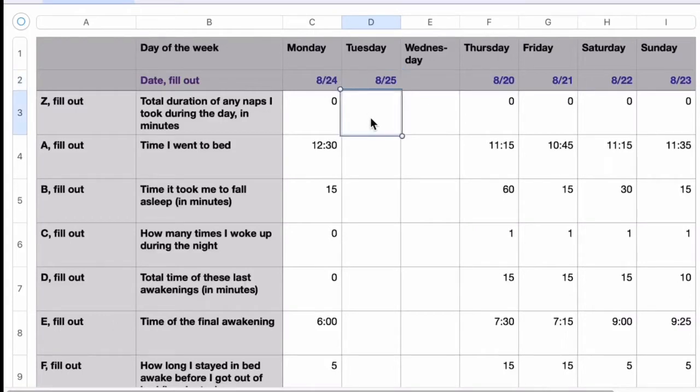On Monday, August 24th, I took one nap that was about 1 hour long, so it's 60 minutes. I went to bed at 11:15 and it took me about 10 minutes to fall asleep. I did wake up twice during the night. The first awakening was 20 minutes and the second awakening was 10 minutes.